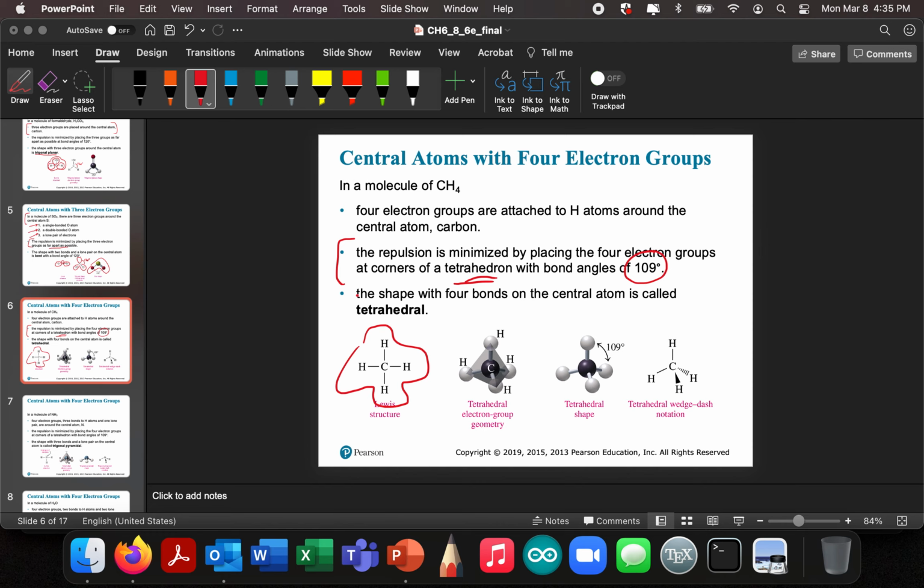The shape with 4 bonds on the central atom is called tetrahedral. And you can maybe see that, right? Equilateral triangles. And there's 4 of them, 3 on top and 1 in the base. Okay, it's 4 faces, and it's about 110 degrees.